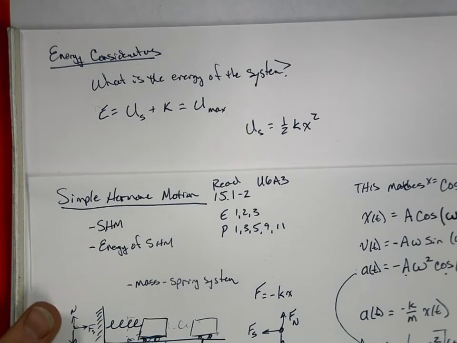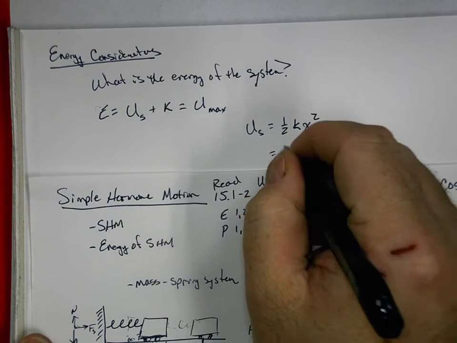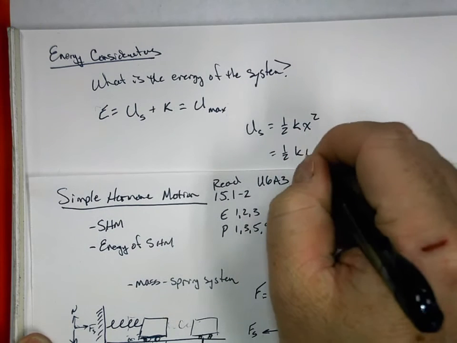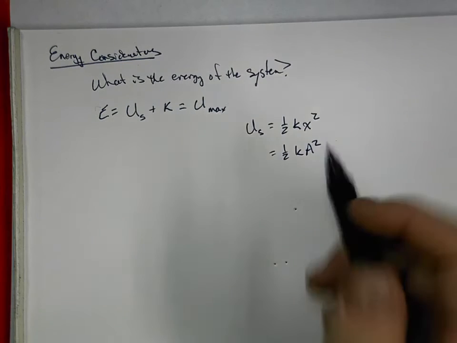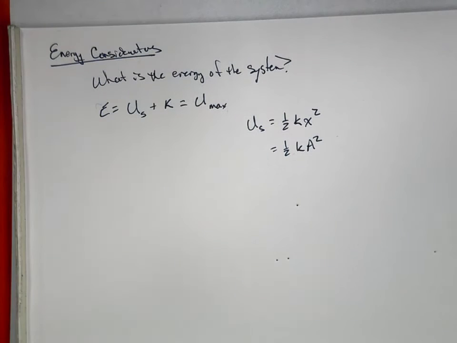But in our example here, our x is really the amplitude of our oscillation. So it's really going to be 1/2 Ka squared, where a is the amplitude of our swing here.